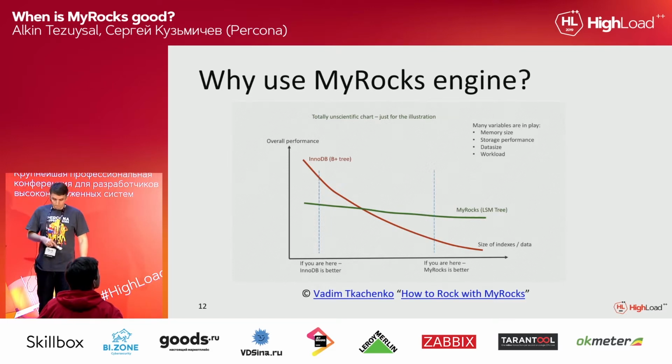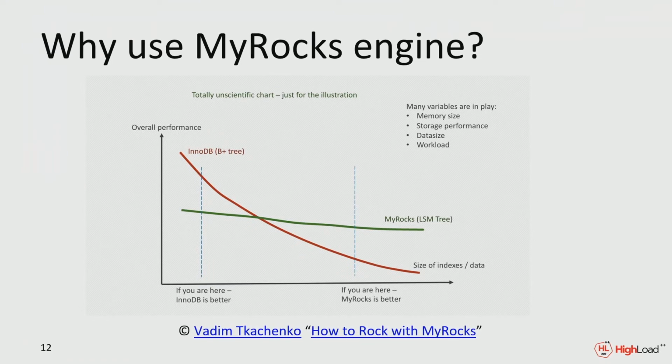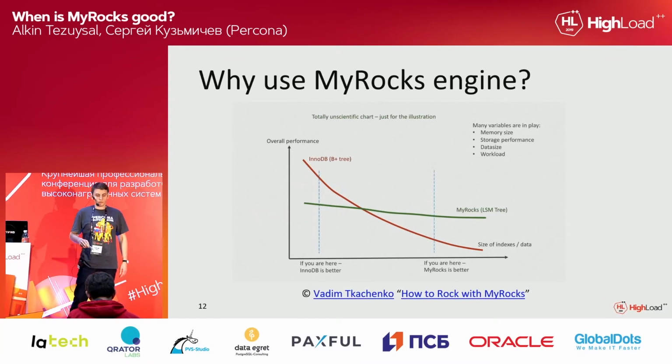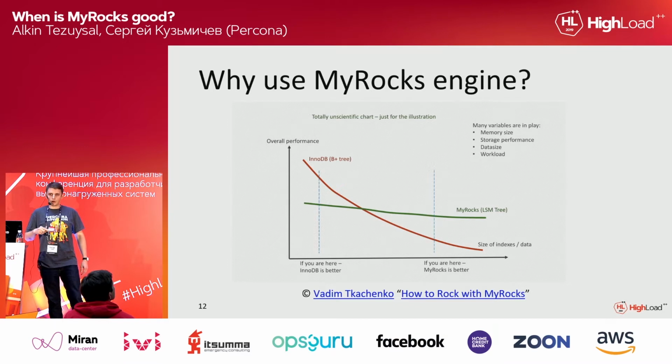You can see that InnoDB loses in performance the more data it has. So MyRocks is pretty stable there. There is a point, probably, when you will see that MyRocks is quite a bit more performant than InnoDB, and that will be when the data size gets huge.